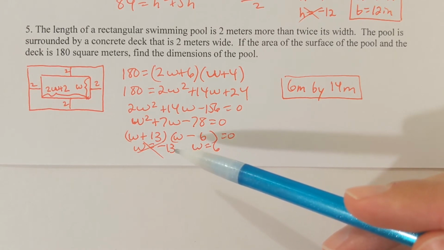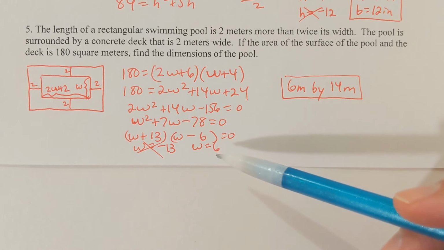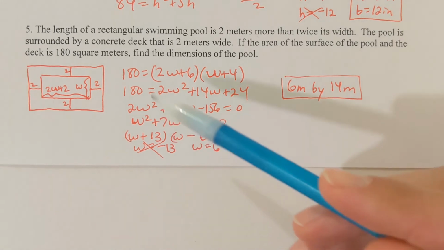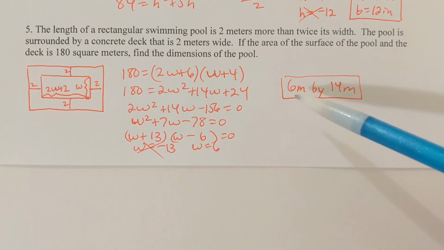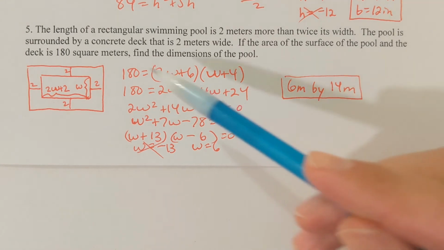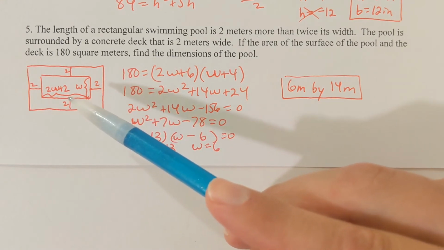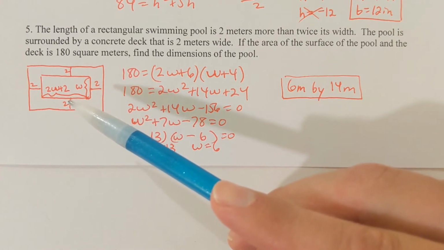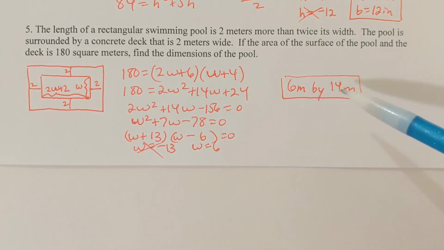W is equal to negative 13, or W is equal to 6. Of course, the width can't be negative. That doesn't make any sense. So the width is 6 meters, and the length is 2W plus 2. So 2 times 6 is 12, plus 2 is 14 meters.